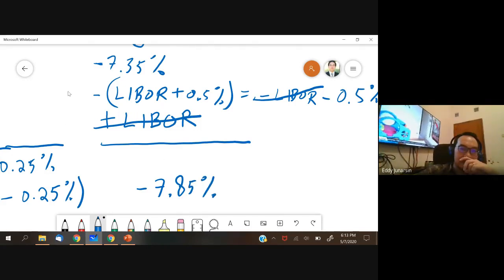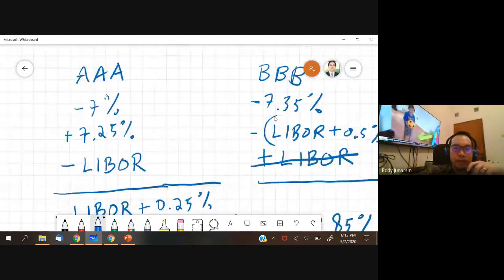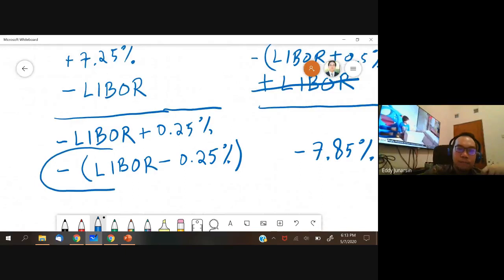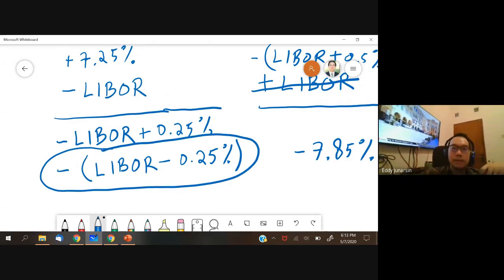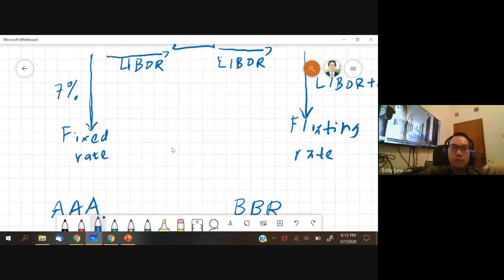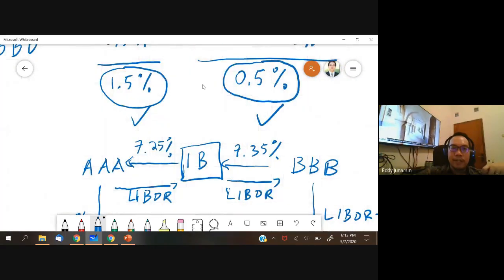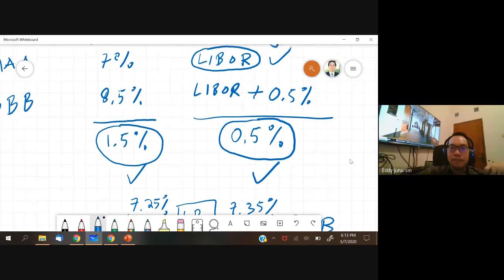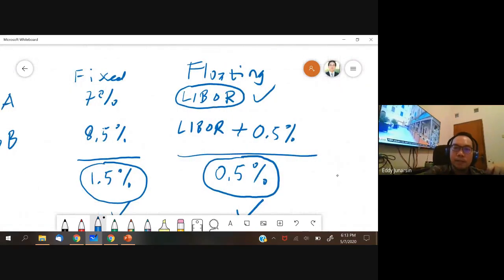Okay, so let's look at this, right? Triple A firm ends up with this payment. So let's see from the beginning. If it has to issue its own floating rate debt, AAA will have to pay what? LIBOR. See here? LIBOR. Okay, so it's better off, right?